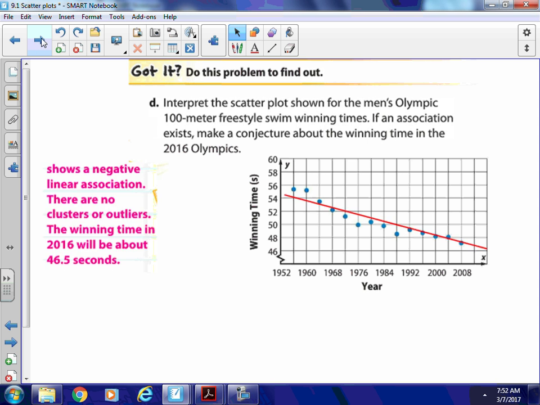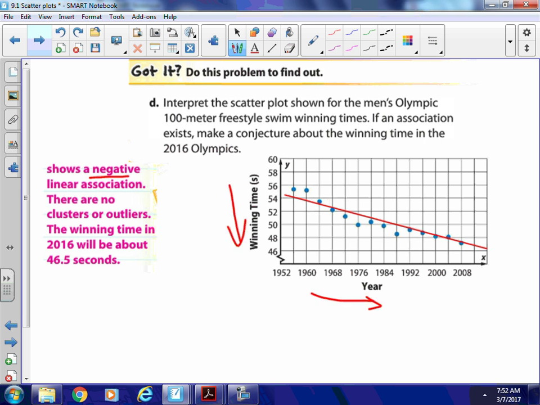Okay, so I would say first, there is a relationship and it's negative. As the year increases, the swim times are decreasing. There don't seem to be any clusters or outliers, so make sure you're doing all these parts. It is linear, and so we can now figure out what's going to happen in 2016. Notice here we're counting by eights.